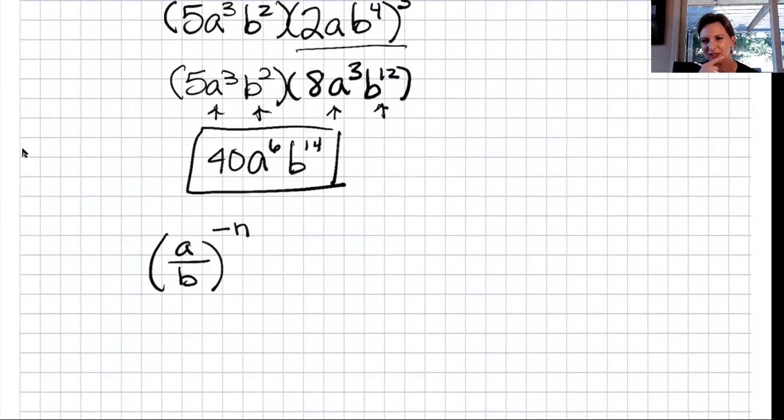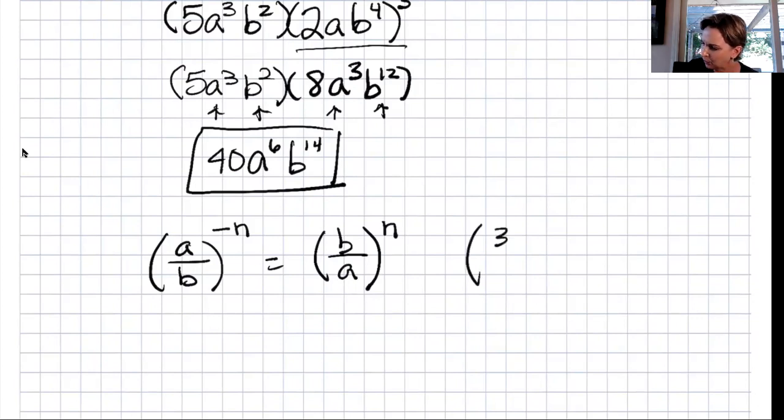Or you could save yourself a little work and just flip that fraction and make it a positive exponent. You'd still get the same result as if you distributed that negative exponent and then took care of both negative exponents. But this is a little easier.